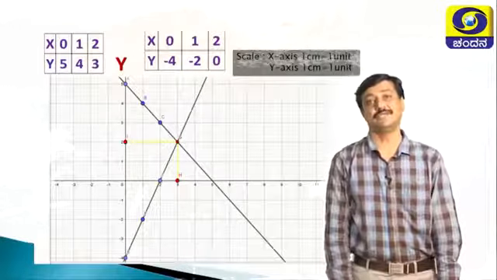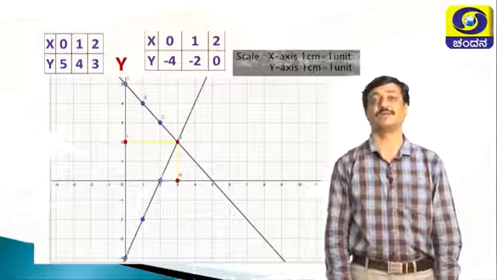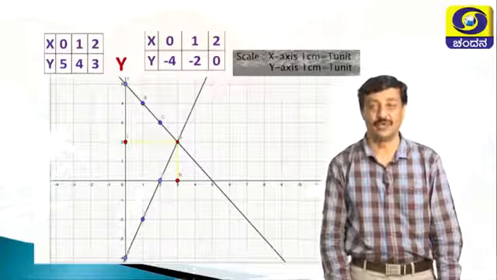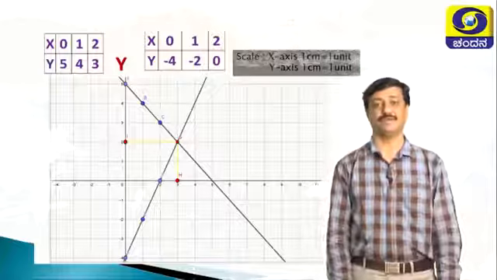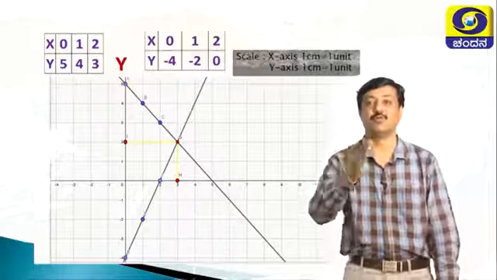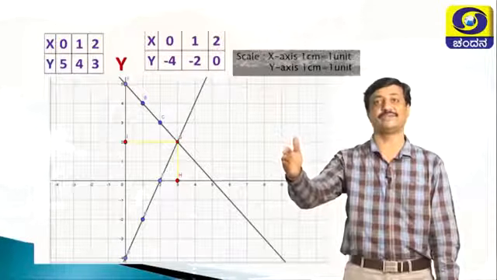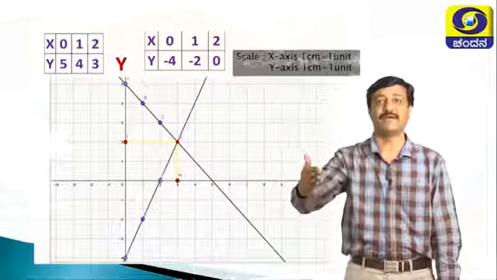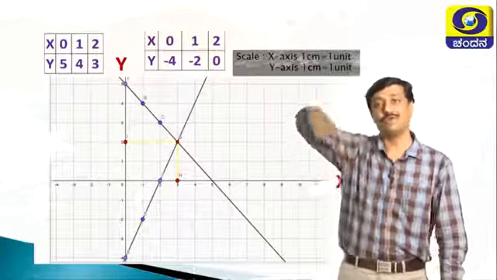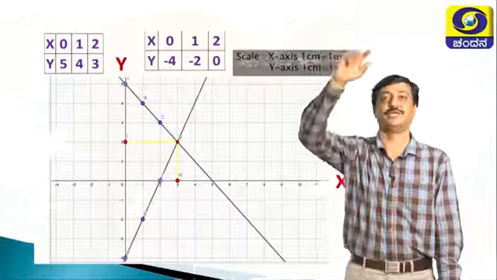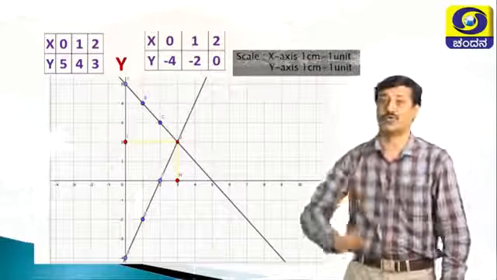After that, you have to locate the point 1, 4. 1 represents x value, 4 represents y value. For 1, we have to move 1 centimeter towards the right side along x axis, and again for y value 4, you have to move 4 units upward. Then you can get the point 1, 4.